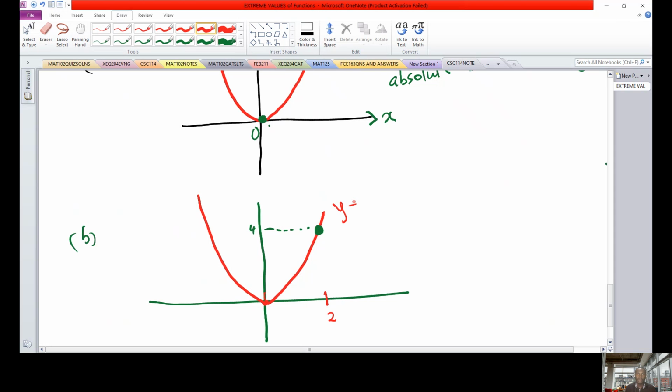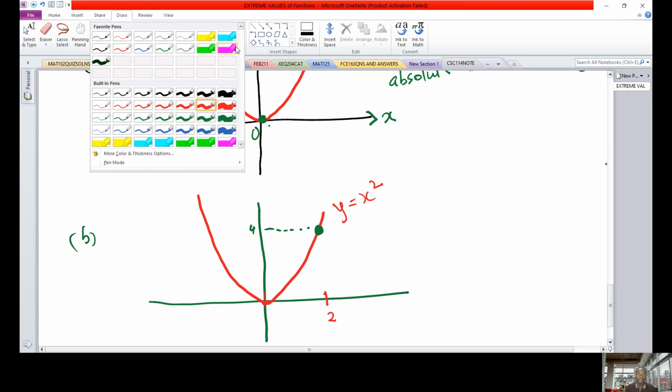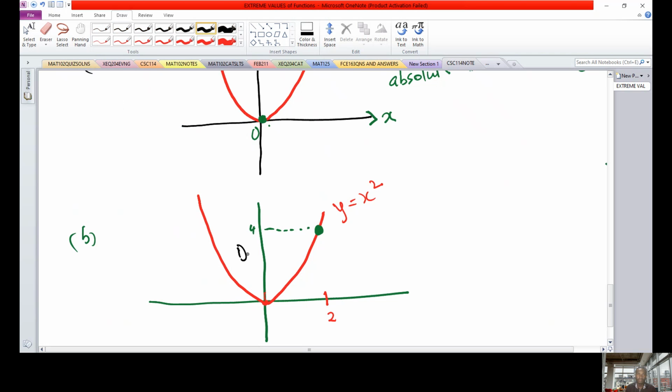So it is y equals x squared, and the domain is 0 to 2. There's this minimum point and then there's this maximum point. So we have absolute maximum and minimum: 0, and the value 4 at x equals 2.